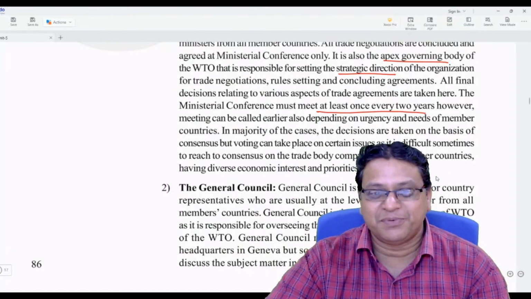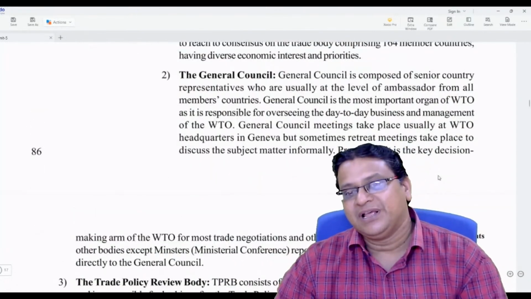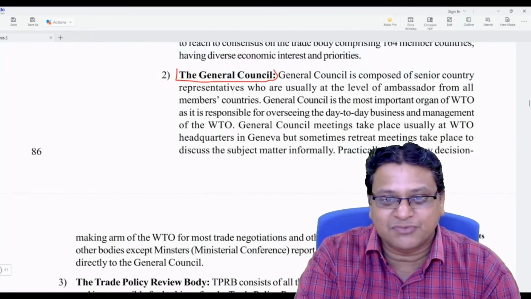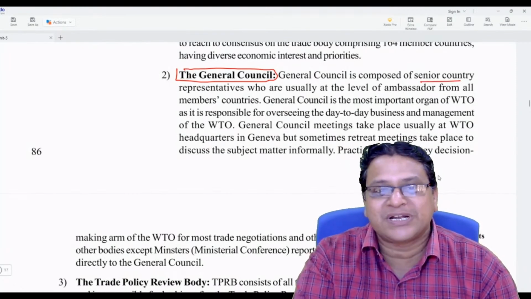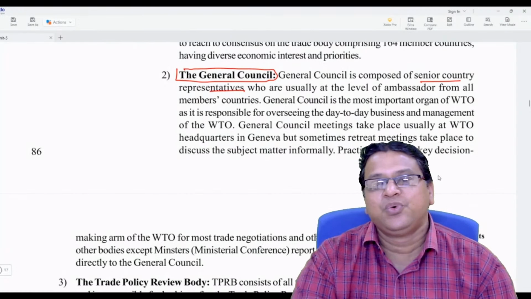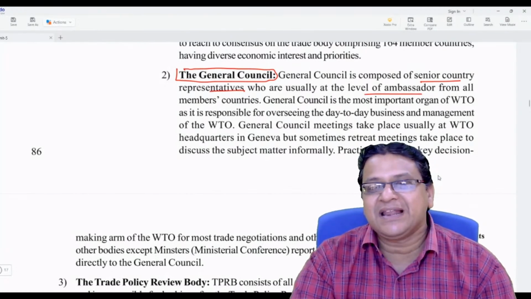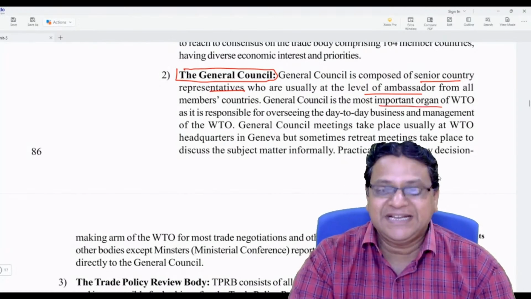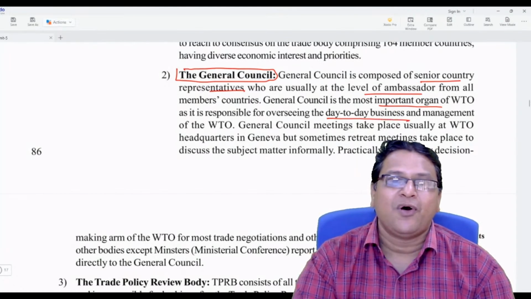Below the ministerial conference there is the General Council. So what is the General Council? The second decision making body is the General Council. It is composed of senior country representatives at the level of ambassadors of member countries. The General Council is the most important organ of WTO, and it frames the day-to-day business rules of WTO.